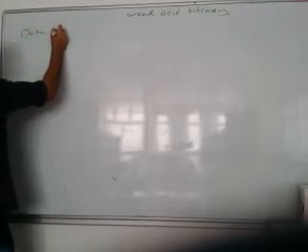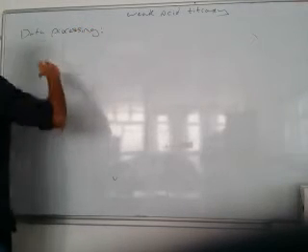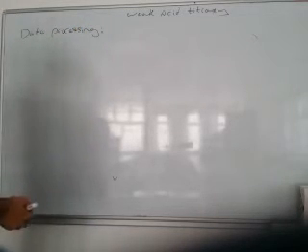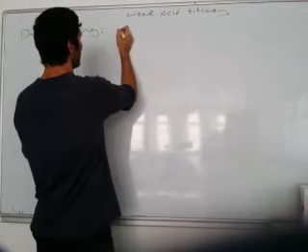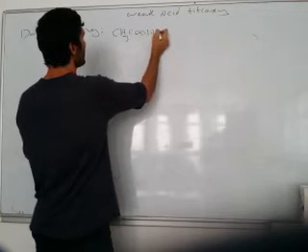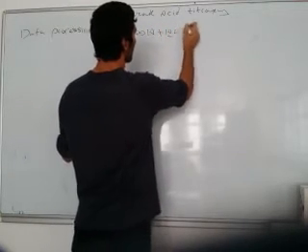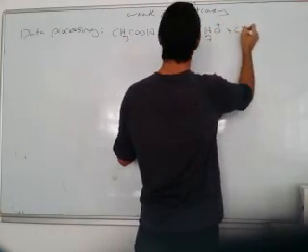For data processing, all calculations must be written here. You have to leave them here. We started from a weak acid, CH3COOH. It was dissociated partially to hydronium and acetate.